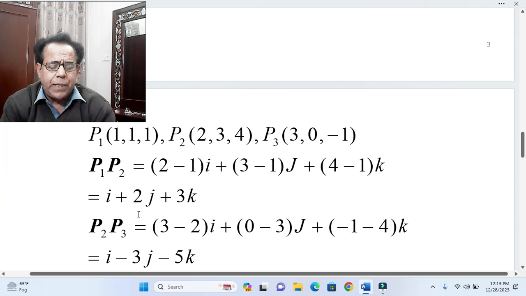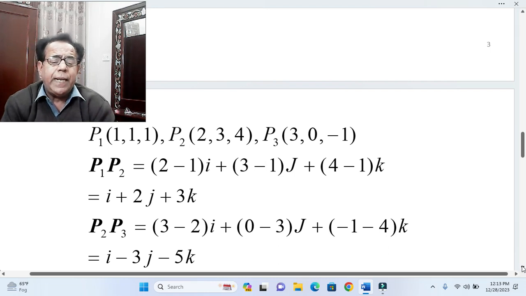This becomes i plus 2j plus 3k. In case of P2P3, we get (3 minus 2) i plus (0 minus 3) j plus (-1 minus 4) k, and this finally becomes i minus 3j minus 5k. So we have found two vectors, P1P2 and P2P3.